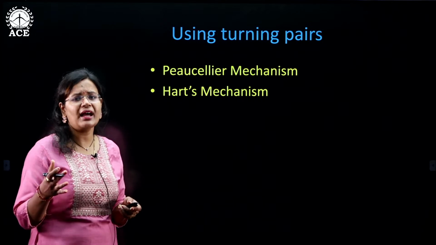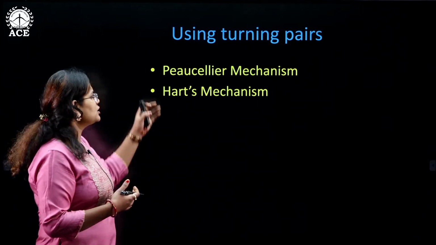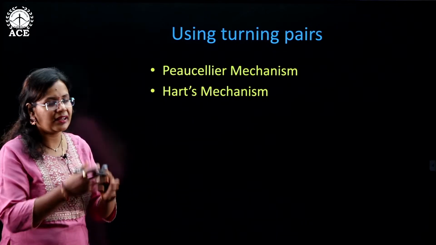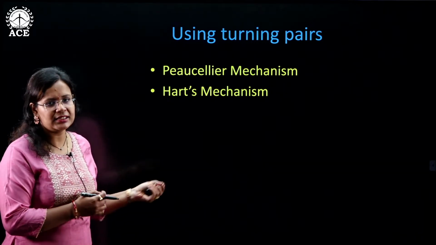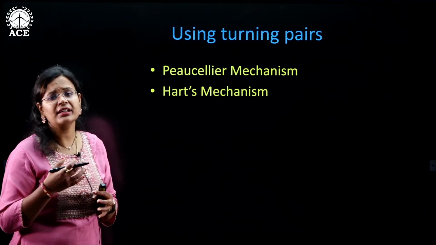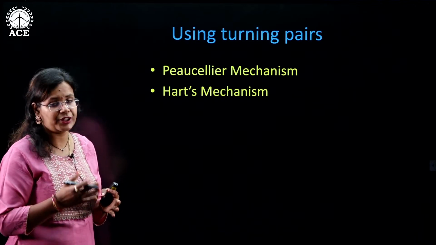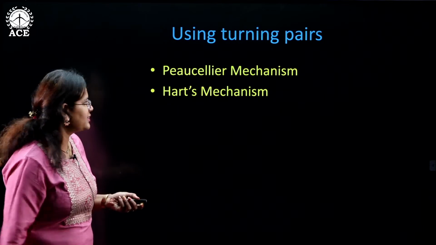The Peaucellier mechanism is able to trace a straight line using a number of links. We will see the analysis a little later. The Hart's mechanism also has a number of links and it also traces an exact straight line. Why am I stressing exact straight line? We will see in the next slides.